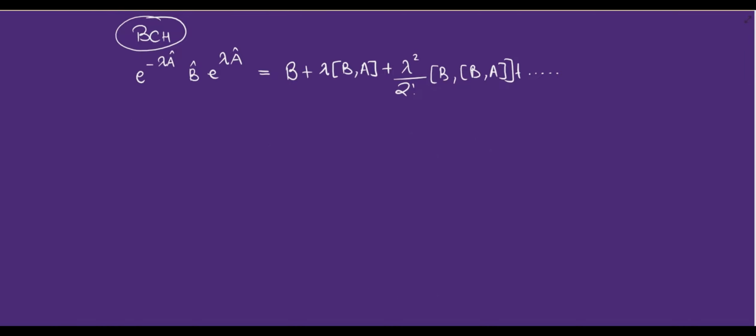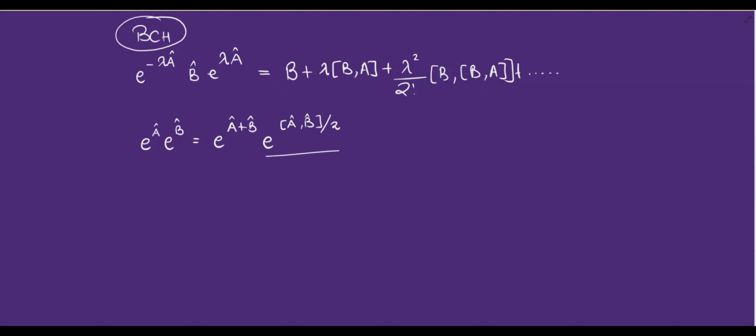particular video. The other thing that I want to point out is that if we have something like this, e raised to A and e raised to B, note that these are operators and not numbers or scalar functions, then this is equal to e raised to A plus B. However, we will also have a commutator here.